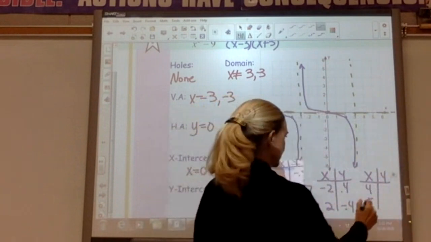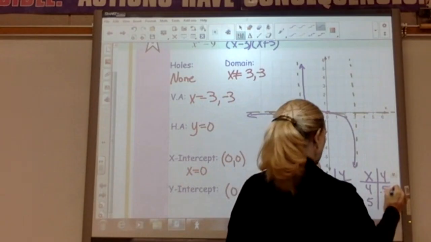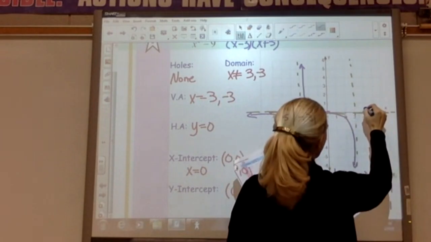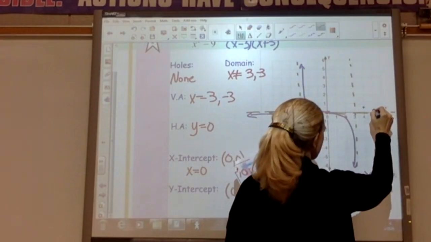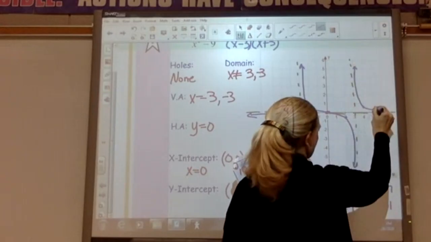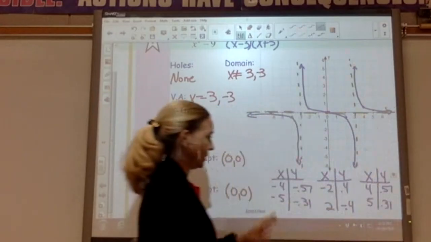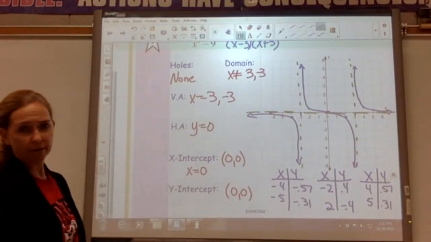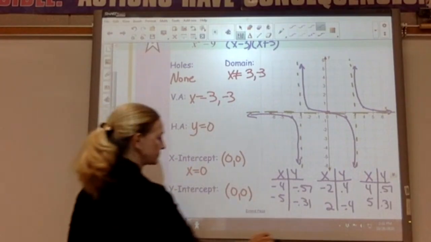And so I got 0.57 for 4 and 0.31 for 5. So this is doing this. And they're not always as symmetrical as this one is. This one is pretty good. But that would be the graph, right?